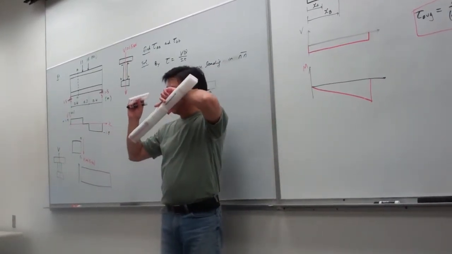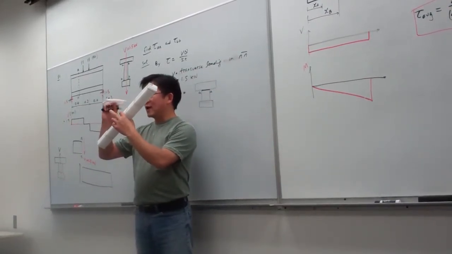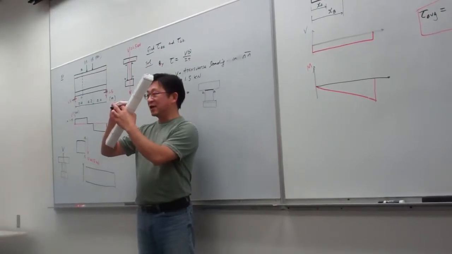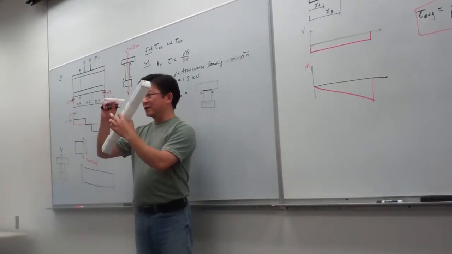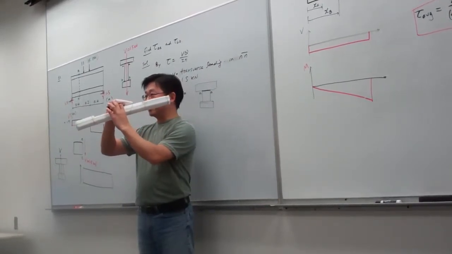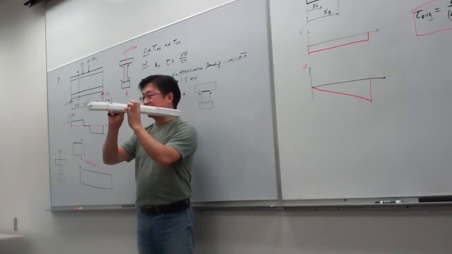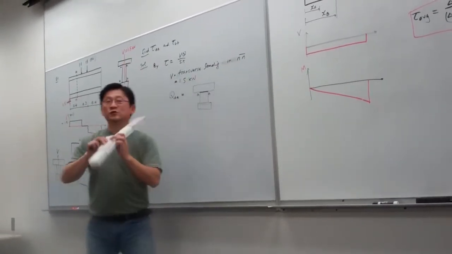And I want to test your memory. What is Q? Q is the Y bar times A. A is this area. Y bar is the position of the centroid of this area relative to the neutral axis of the entire cross section. Got it?